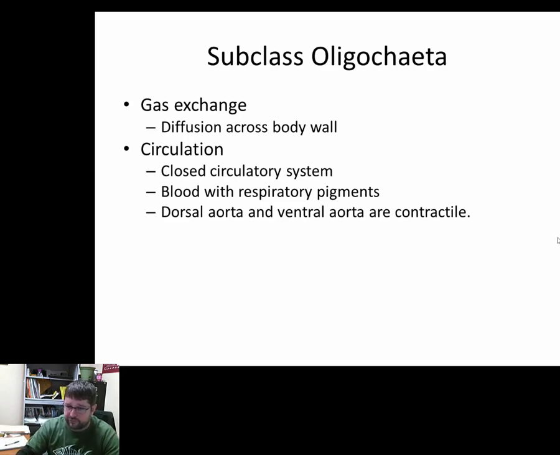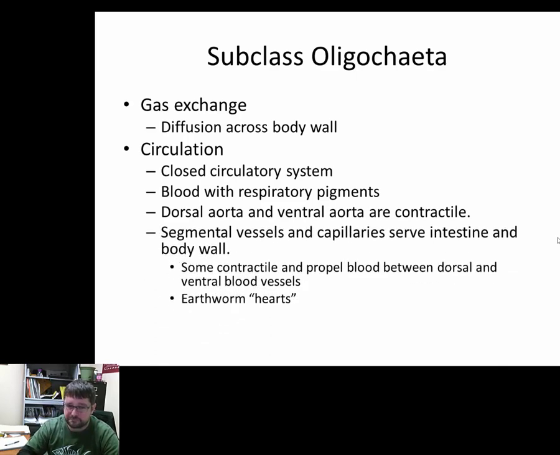The dorsal aorta and ventral aorta both can contract. There's a 5-heart system in most of the organisms, so they have the ability to pump blood through many chambers in order to create enough pressure to move the blood through the entire organism.